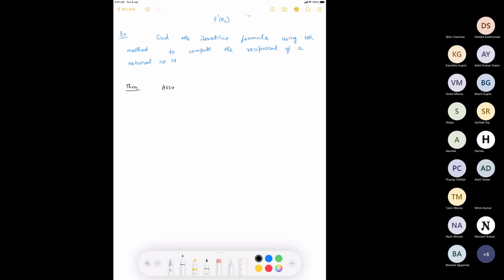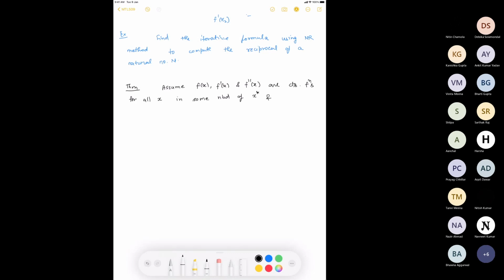So now you will see what assumptions I'm going to put on the function f to have the convergence of this iterative sequence. I'm going to assume f(x), f prime(x), and f double prime(x) are continuous functions for all x in some neighborhood of the exact solution, which let me call the exact root x star.